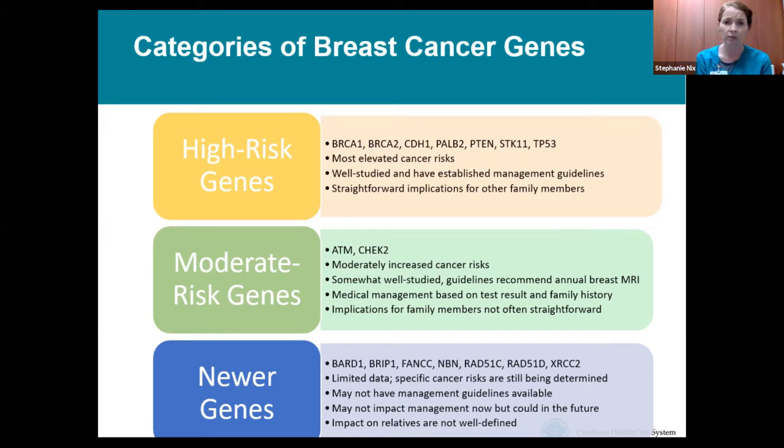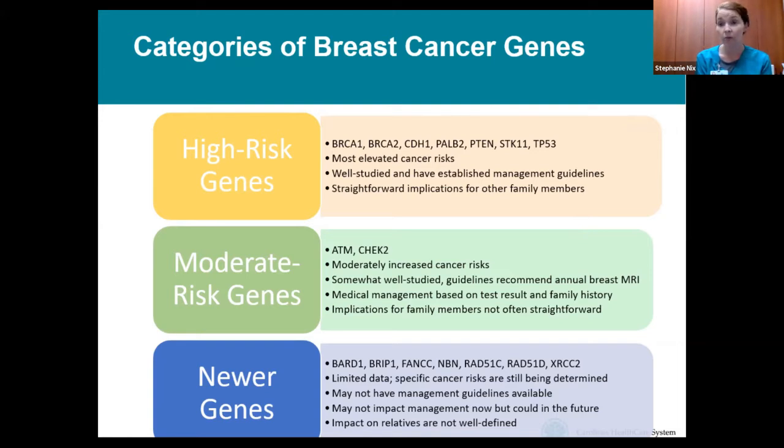The moderate risk genes definitely increase the risk for breast cancer above the general population. And there's usually guidelines, but they're still newer on the information. Medical management may honestly be based on family history and test results, not just on the test results like a BRCA gene result would be.